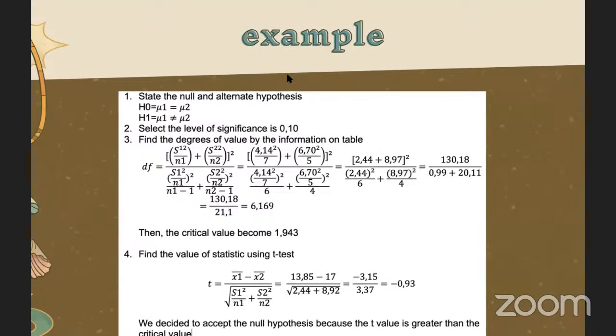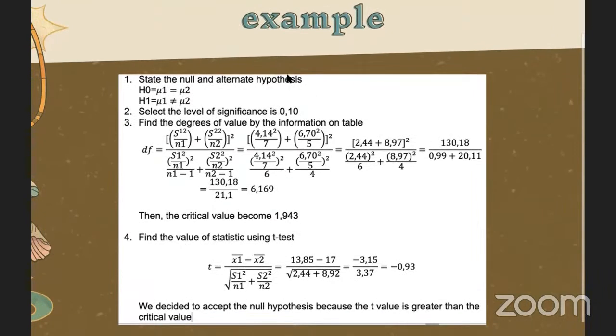And then we're going to see the process of the formula until it has the value of 6.169. And because the degrees of freedom is 6, it means we have the critical value of 1.943.